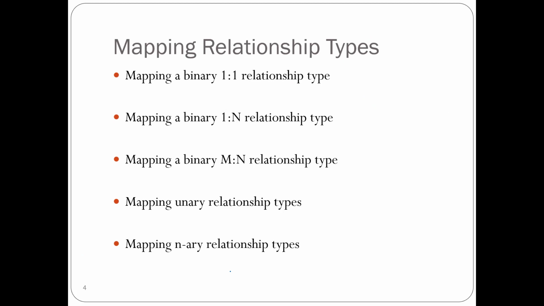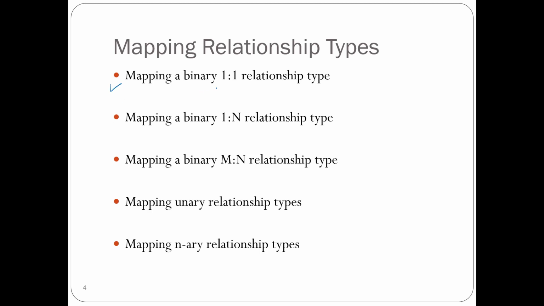Now, the comparatively difficult thing is the mapping of relationship types, and we have already seen in the ER diagram, when we were learning, we've identified different kinds of relationships. So when we have to learn about mapping of relationship types to relations, we need to consider all the kinds of relationships possible.